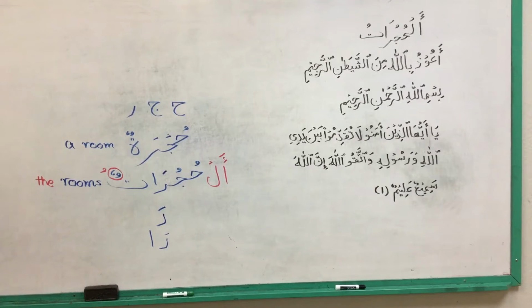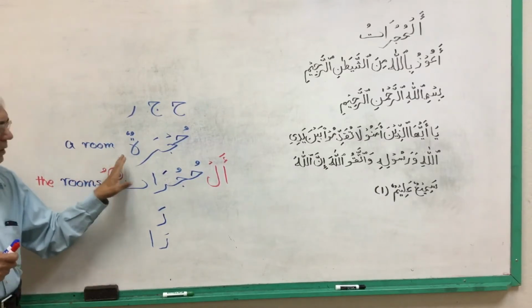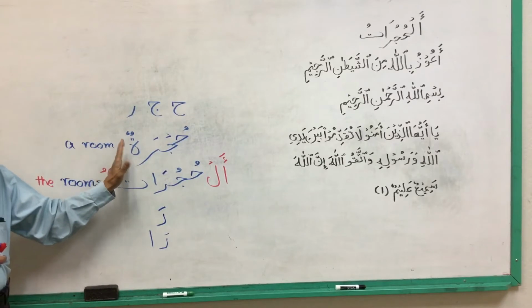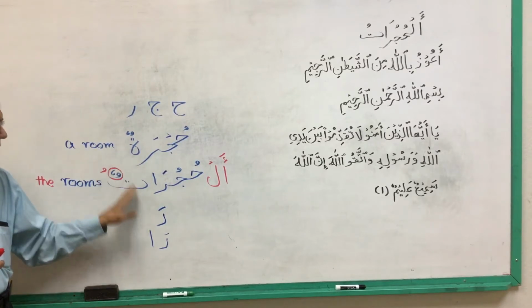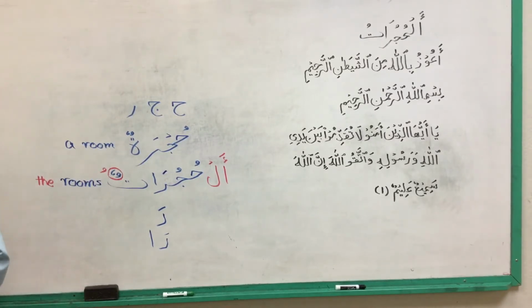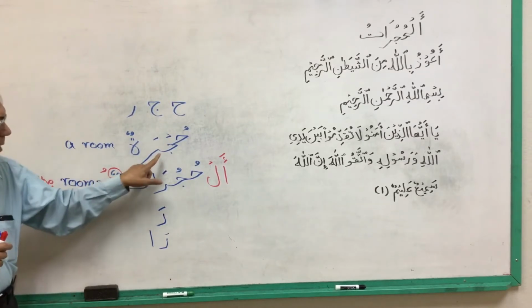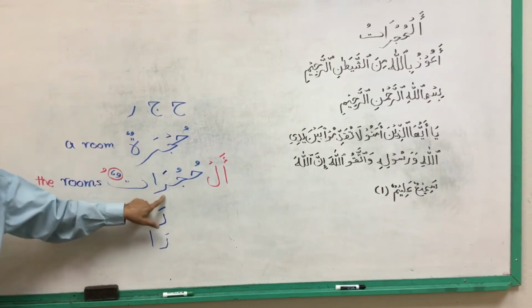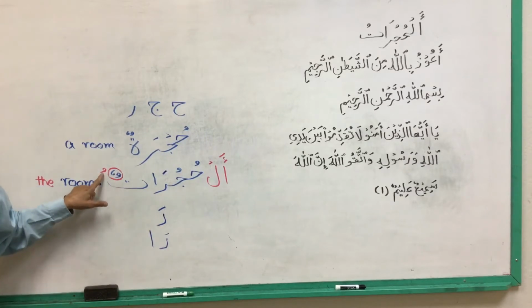Now, interestingly, let's see the way we are used to reading the Quran. These are the last words of the ayat, and after that is a circle, the ayat ending, and you stop there. When you stop, you do not pronounce these two dhammas. You will pronounce hujurah. Here you will pronounce al-hujurat.